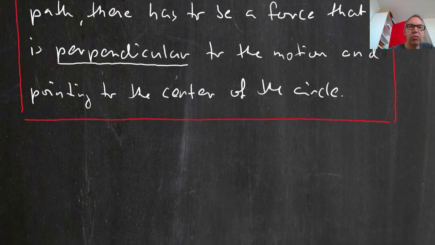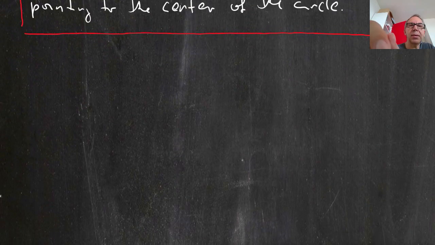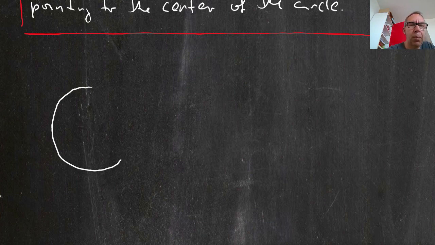So we could do a drawing illustrating that. We have a circular motion, and an object that, for example, at this position has the velocity in this direction. It's just for this very short moment.